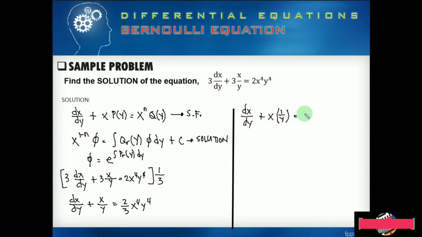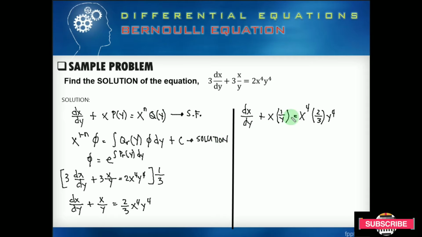So ito dito is x siya to the 4th, at saka itong q as a function of y naman niya is itong quantity na 2/3, okay, times your y to the 4th, okay. So na-express natin siya sa ganitong standard form.